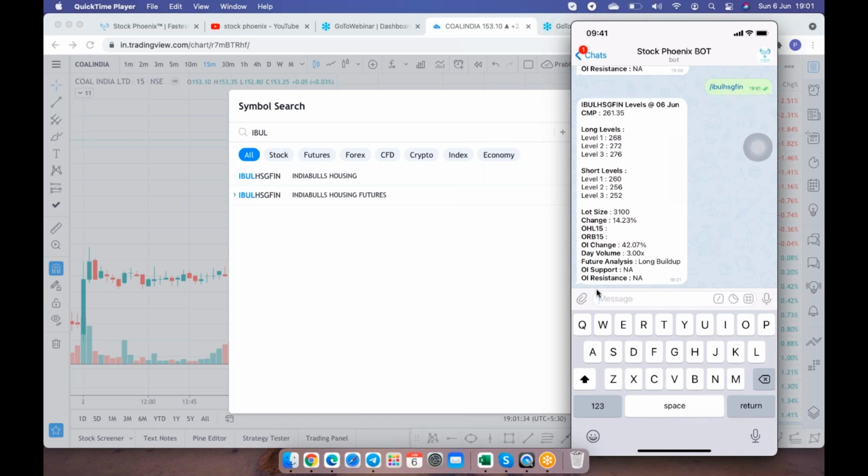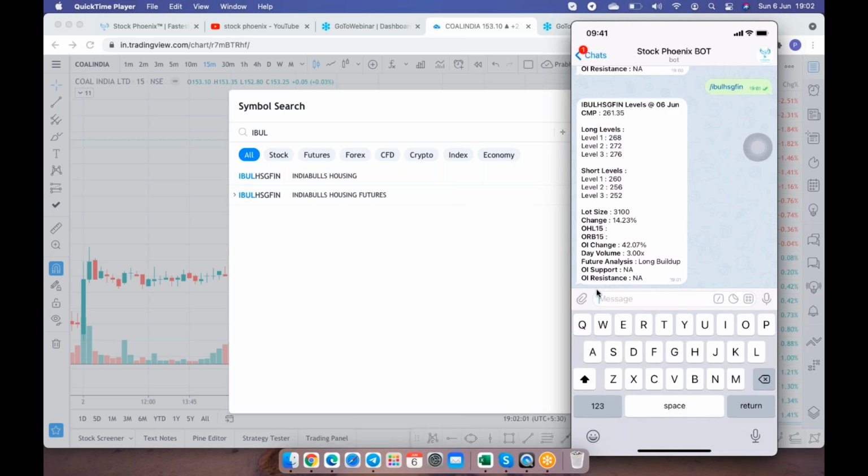And you could see that the stock is in ban period, and the volume has gone up by 3x when compared to the average daily volume of the last 30 days. It's an extremely high value, and the stock is seeing long build-up on the futures side. We couldn't see any resistance or support as of now from the option chain. It will get automatically updated on Monday morning. It's at the current market price of 261.35 as on 6th June.